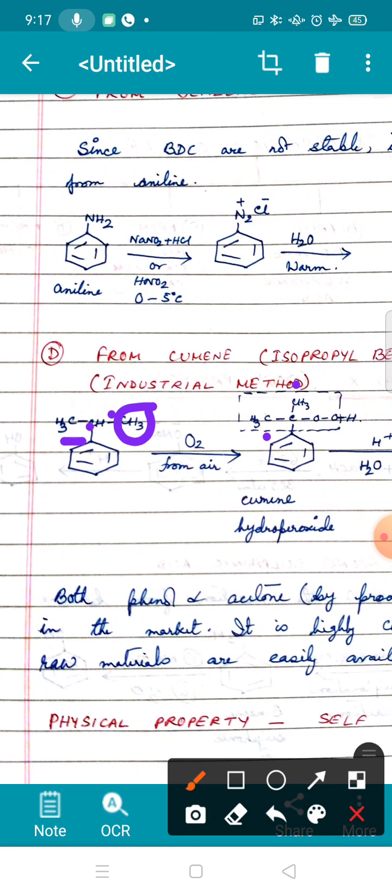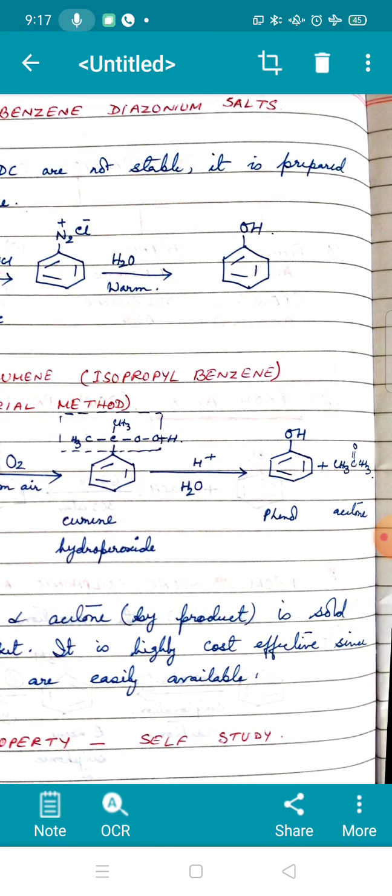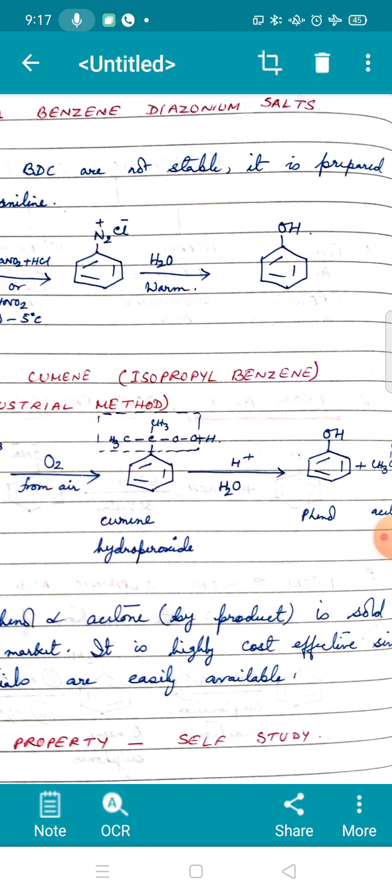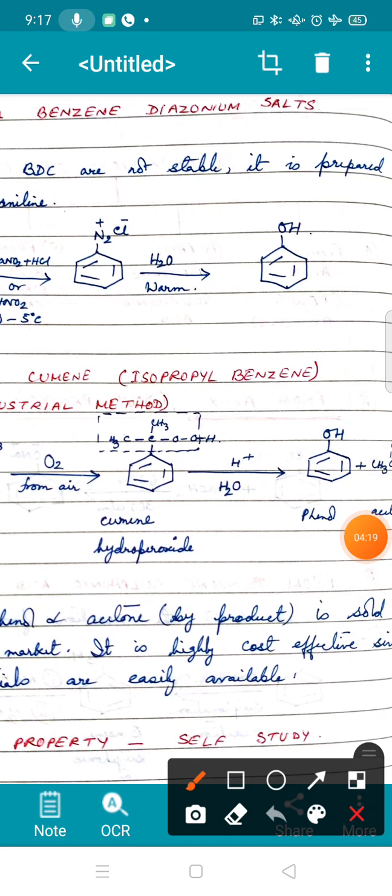So when cumene hydroperoxide is hydrolyzed with sulfuric acid, you get phenol, and the byproduct formed is acetone. So how do we get phenol? It's shown with the dotted line, you can see here. Sorry, the dotted line is not properly drawn. It should have been here.